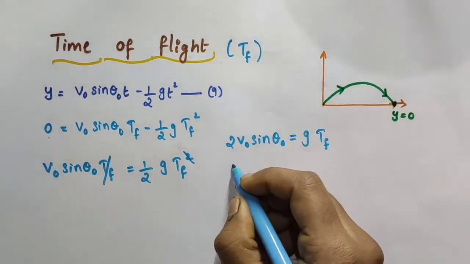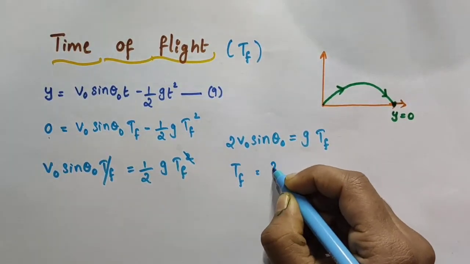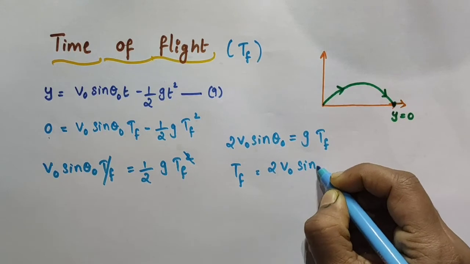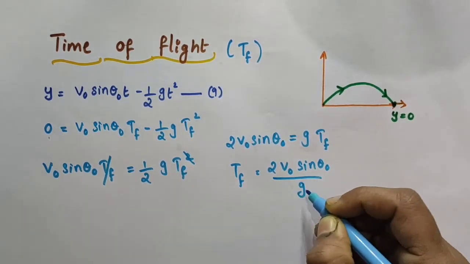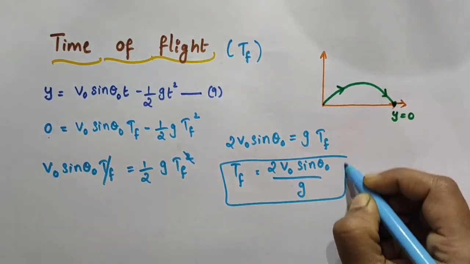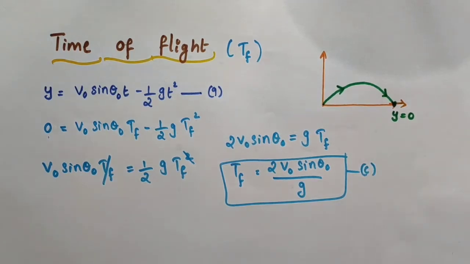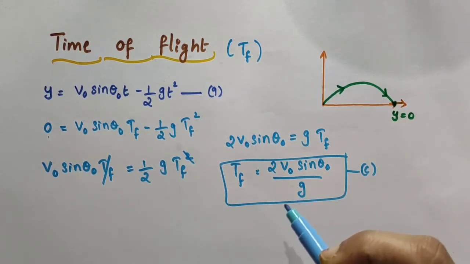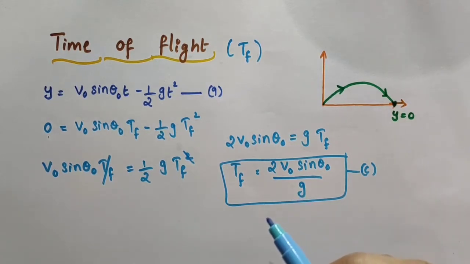Then from this we can write tf is equal to 2 into V0 sin theta 0 divided by g, and I am taking this as expression C. This is the expression to find the time of flight.